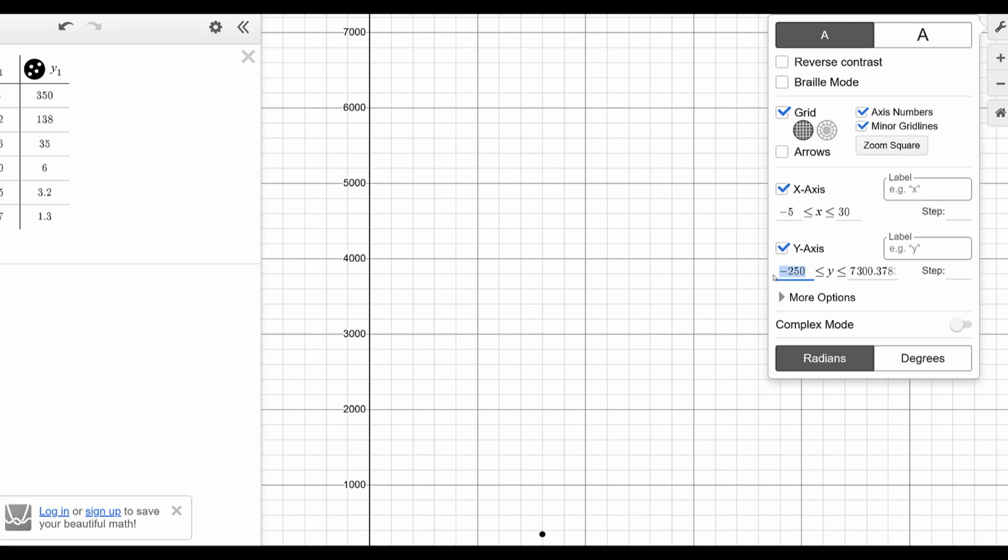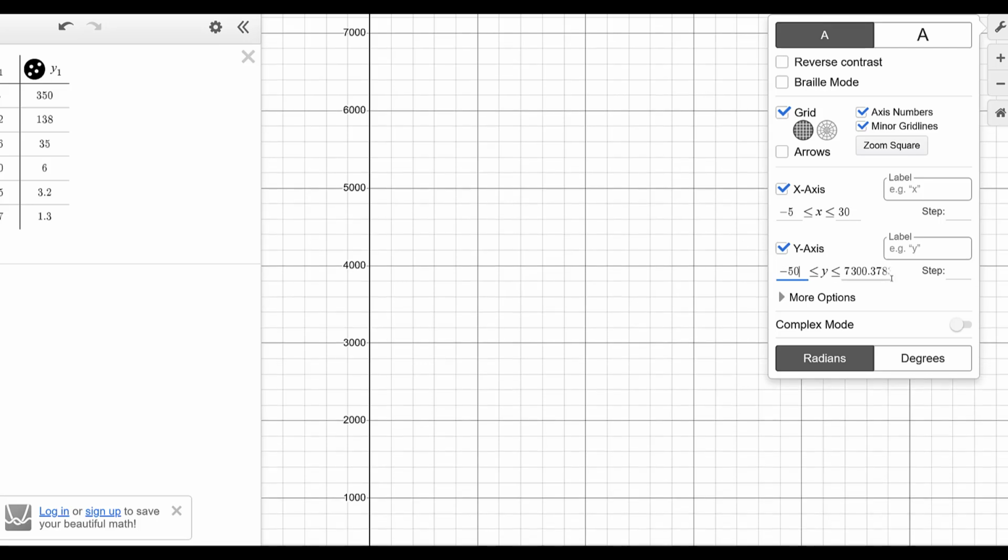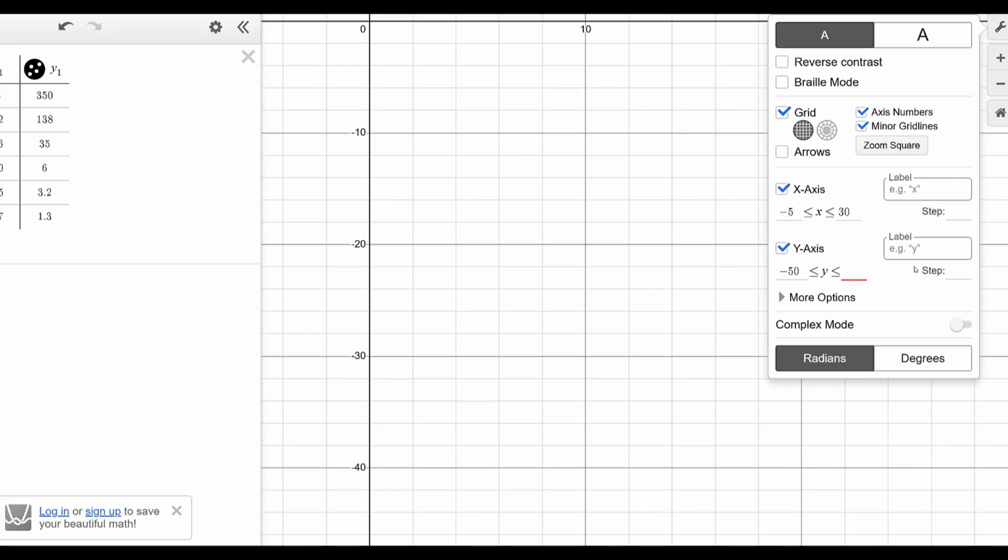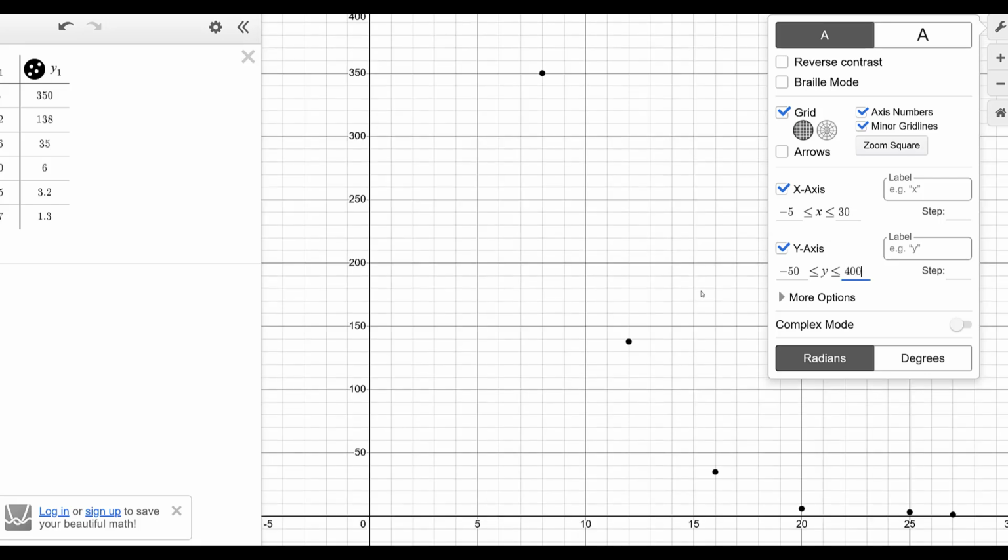Okay, I'll just make it bigger. I guess I'll go with negative 50. Sorry to be indecisive. 350 is the most, so let's make it 400. There we go. That actually does come in.